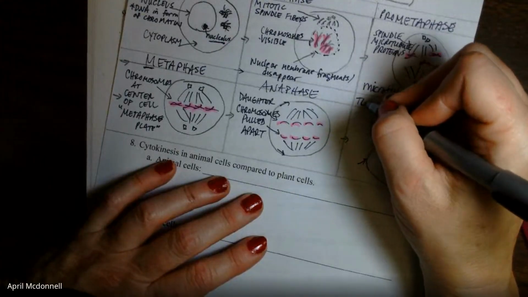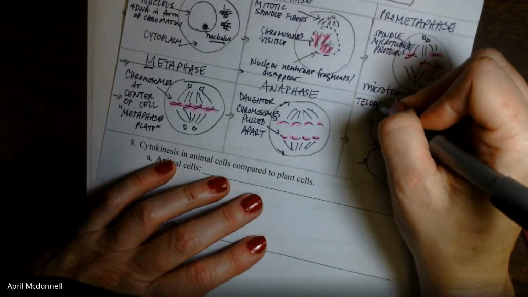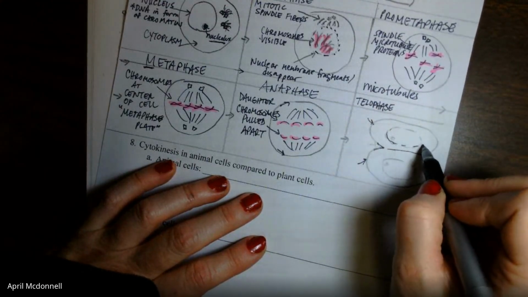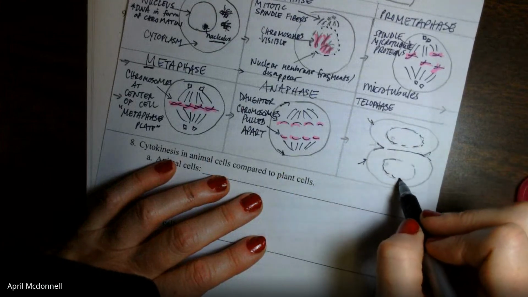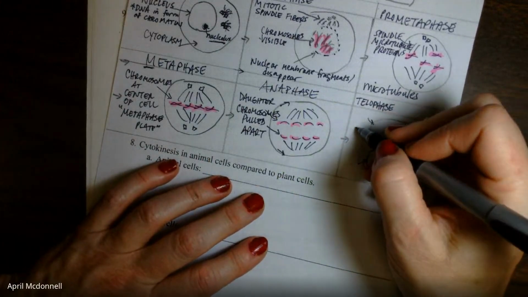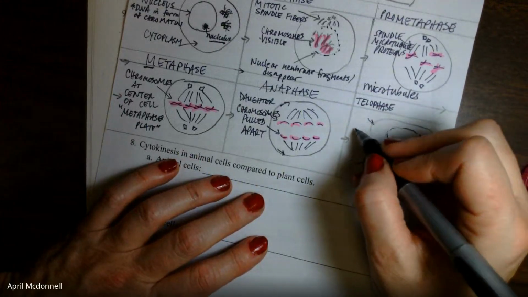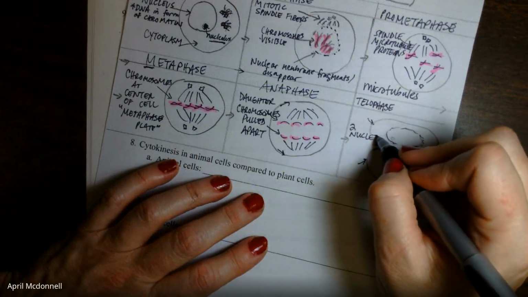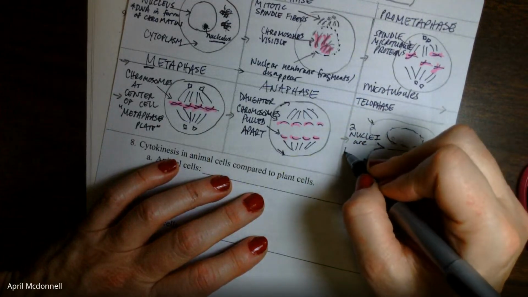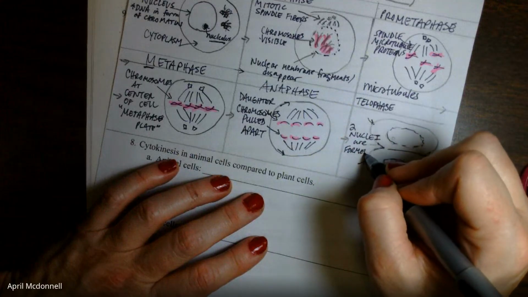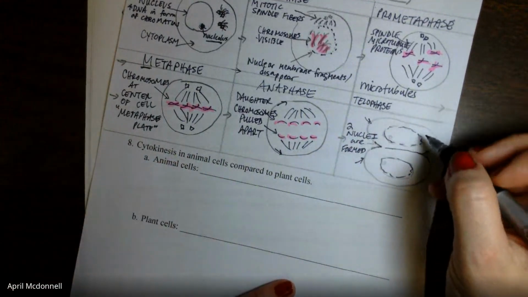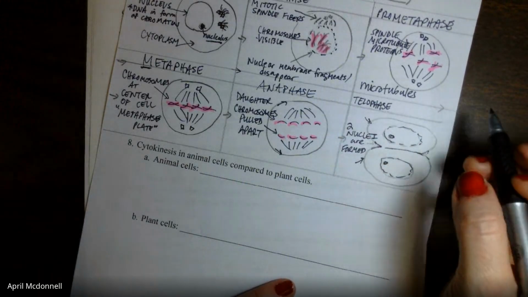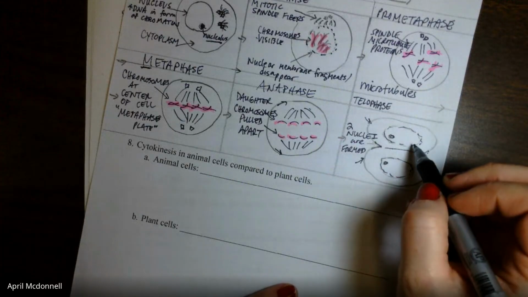So this is what we call telophase and cytokinesis. Telophase is when two nuclei are formed. So two nuclei are formed, and you're also able to see the nucleolus.